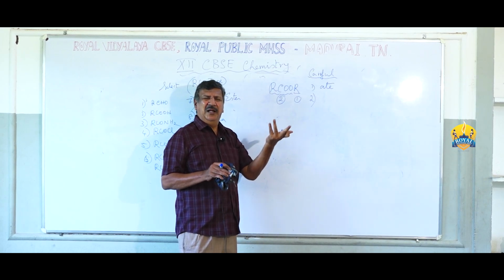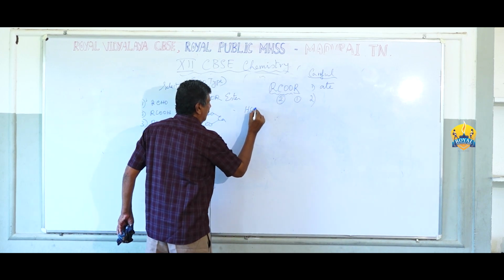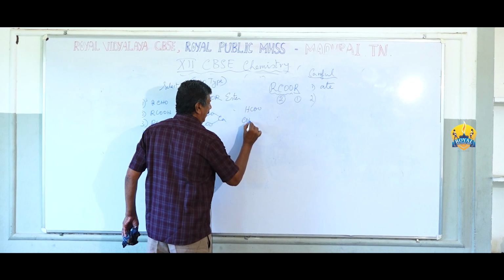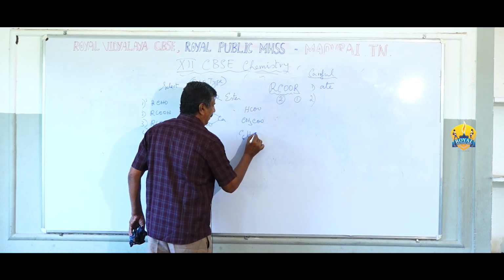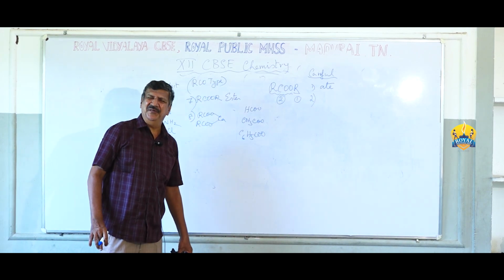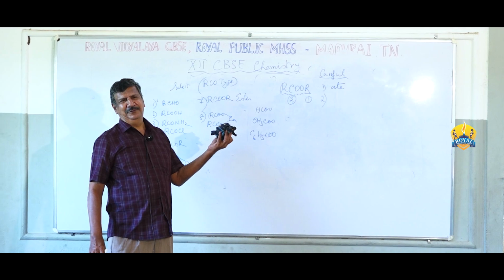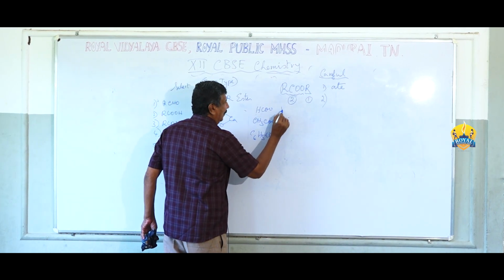Sir, how to write? I don't know, sir. I'll tell you. You see, as usual, I am writing the three formulas. These are very basic. Formic acid, very important. Okay. This is formic.